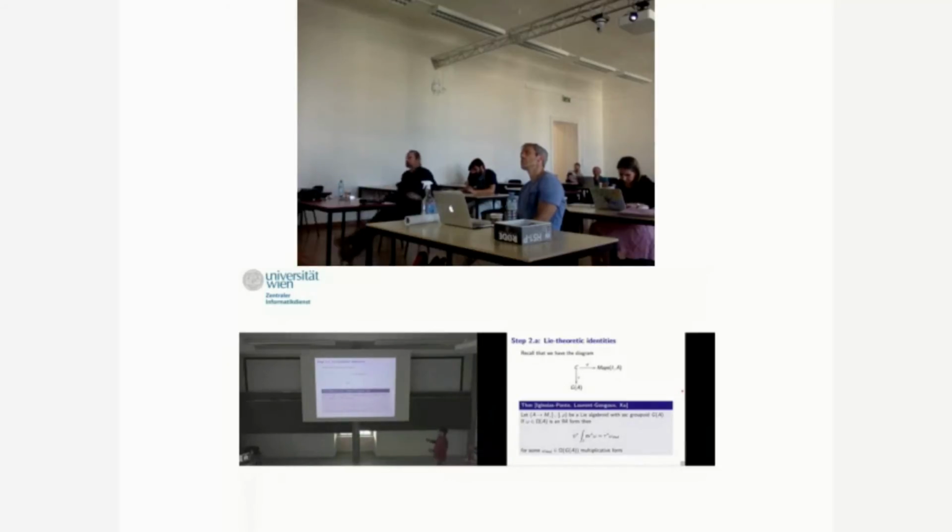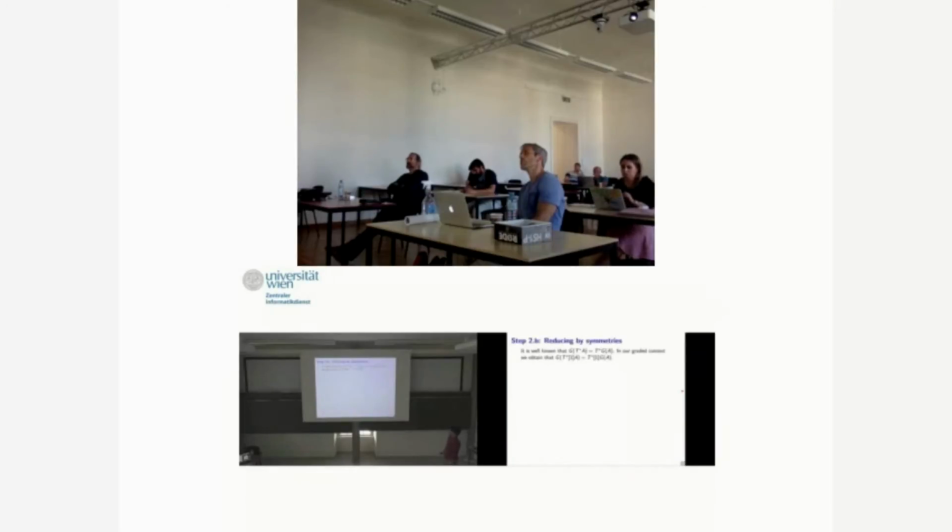And what happens is that if I have a form on the Lie algebroid that satisfies some cocycle conditions, so infinitesimally multiplicative, then I can cook up some form on the groupoid that satisfies this diagram commuting thing. So it can be integrated to the groupoid, basically. And this is what we will use. So right now what we are considering is the cotangent of a Lie algebroid that is also a Lie algebroid, and the groupoid integrating the cotangent is the cotangent of the groupoid, with everything shifted by 1.